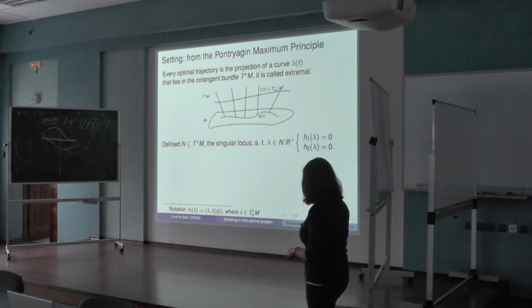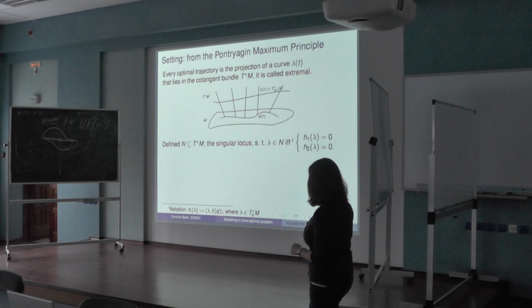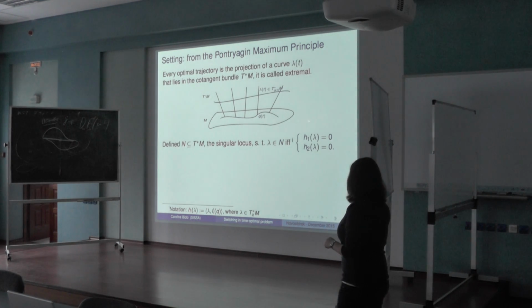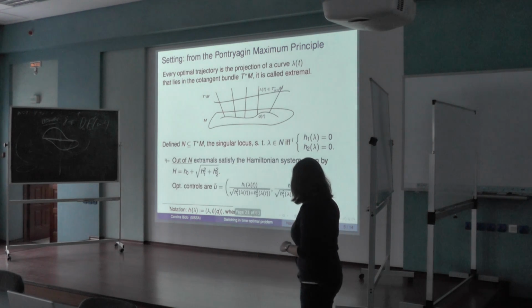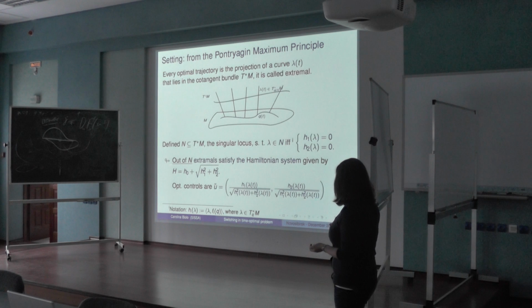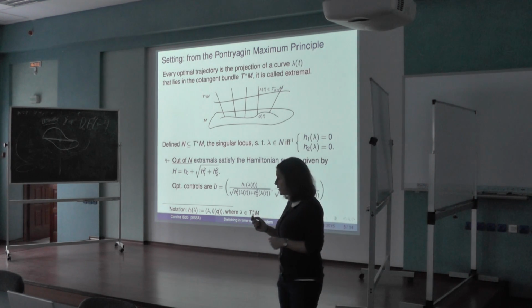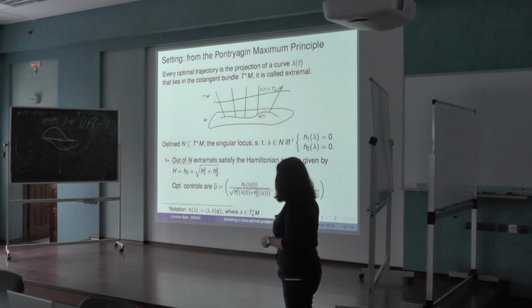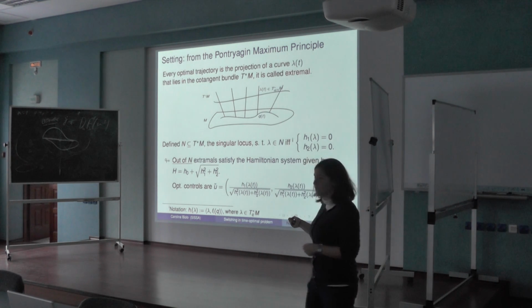So with our notation H_i(lambda) = lambda F_i(Q), we have that lambda belongs to N if and only if H1(lambda) is equal to 0 and at the same time H2(lambda) is equal to 0. And we have that out of this singular locus, extremals satisfy the Hamiltonian system given by this Hamiltonian, that is moved out of our singular locus. And so here we have defined all the extremals.